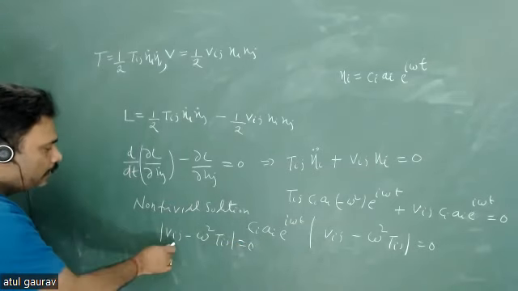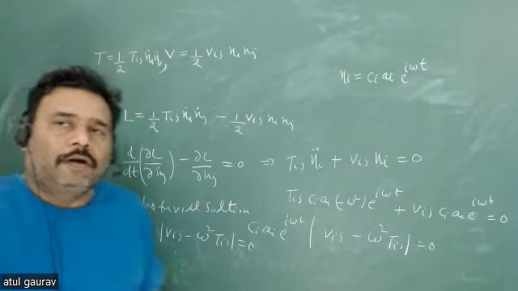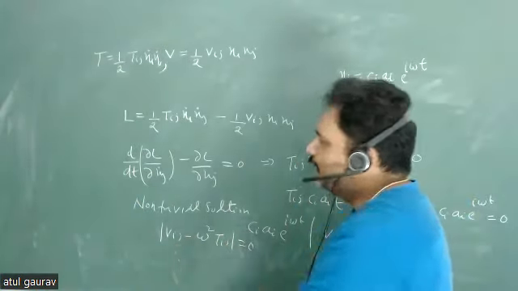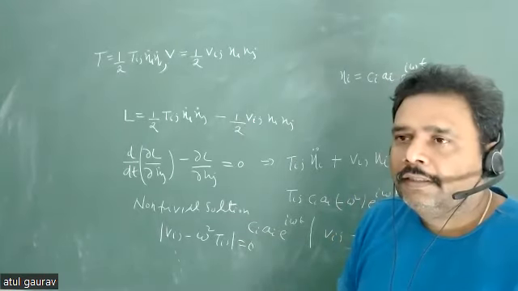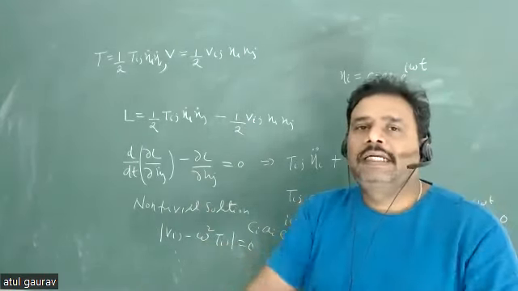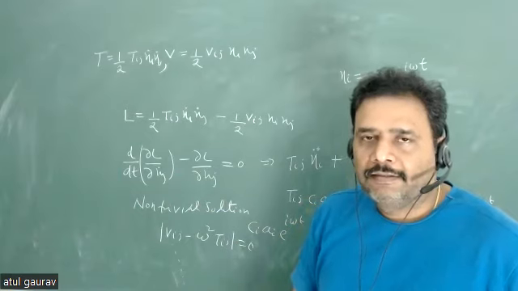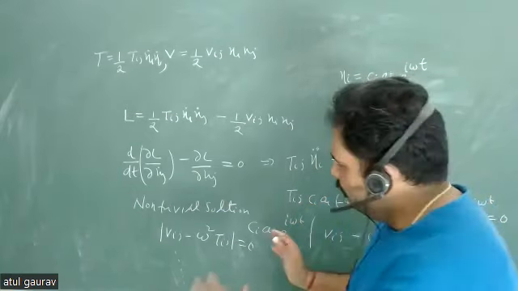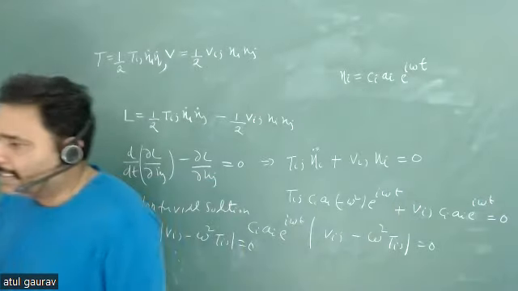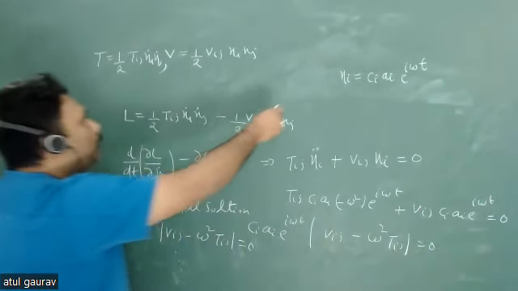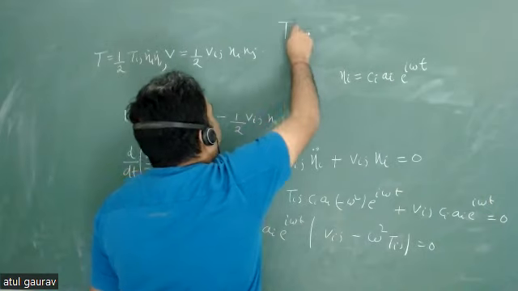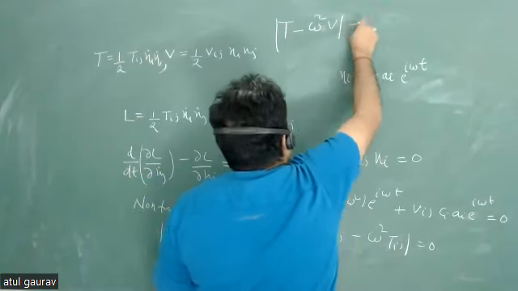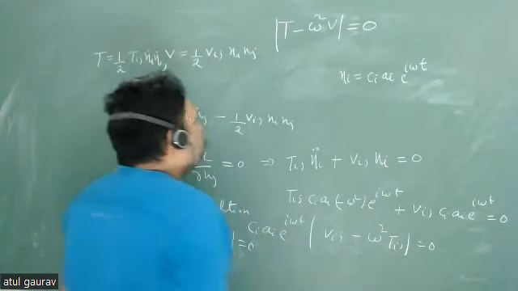And how many equations do you have to solve? n number of equations. If you solve these n equations, they can be represented in the form of a matrix, isn't it? And that matrix can be written as T matrix minus omega square V must be equal to 0.